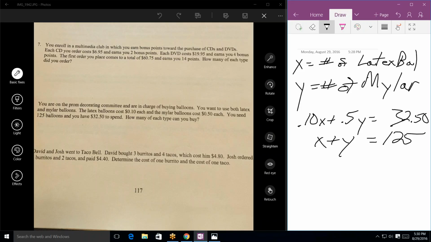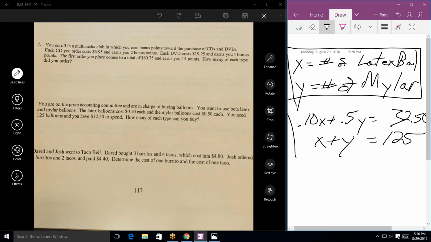We just went there today for lunch actually, so that's kind of funny. And then the second equation is going to be some number of burritos plus 2 tacos is equal to 440. So there's your 2 equations right there. But the key on every single one of these is this step right there, and then being able to write these 2 equations.